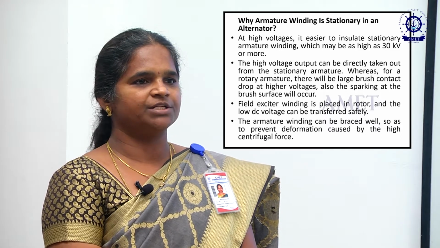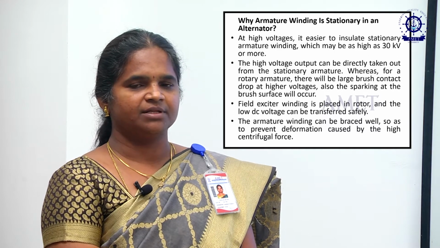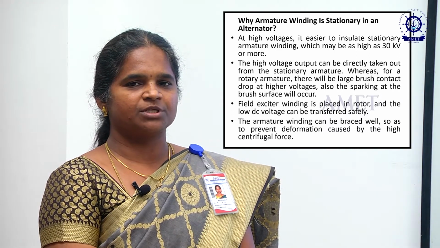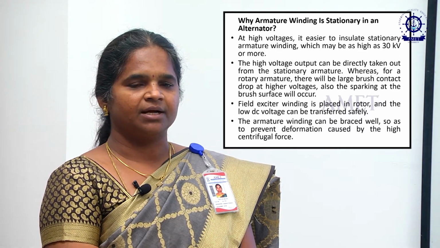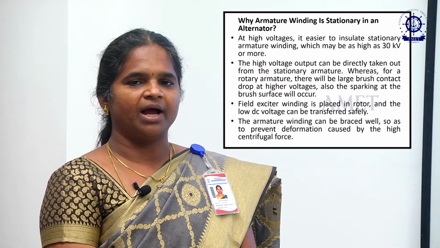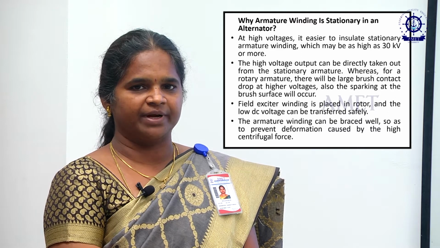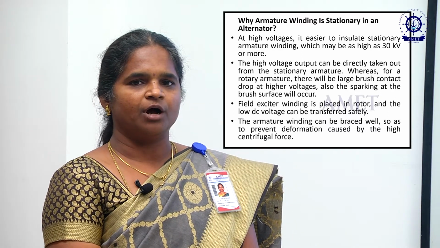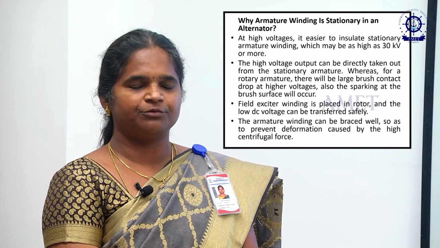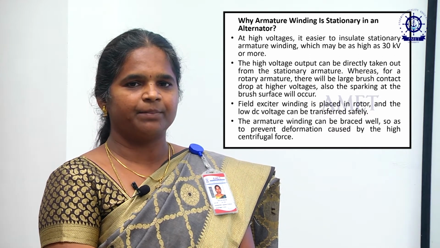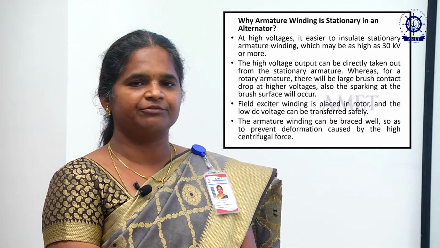So, what are the advantages of having a stationary armature winding? Since the armature winding is placed on the stator side, during high voltage generation it is very easy to insulate the armature winding. Also, if the armature windings were placed in the inner part, they would have to withstand high centrifugal forces.